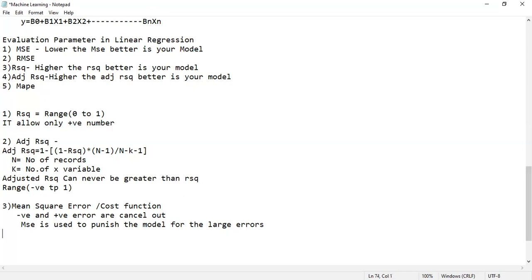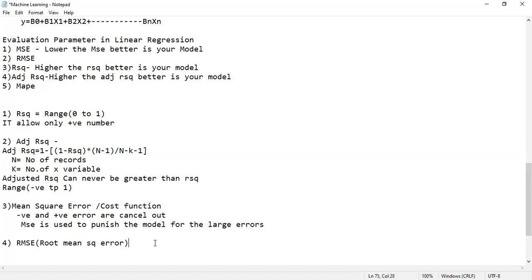Next we will move to the next evaluation parameter, that is RMSE, root mean square error. I will write down the full form. Why do we need RMSE?